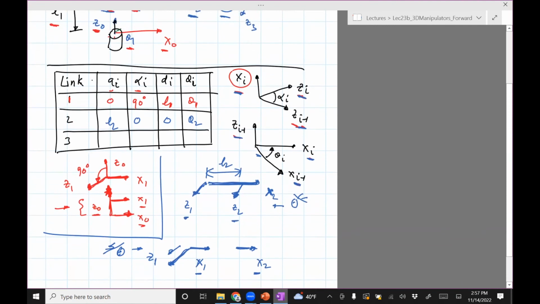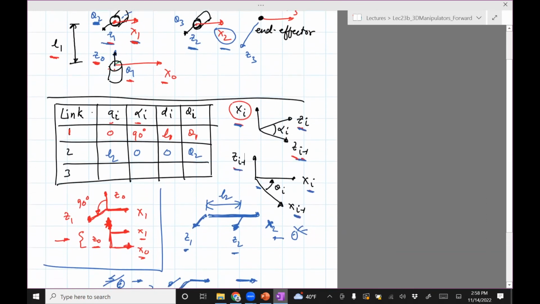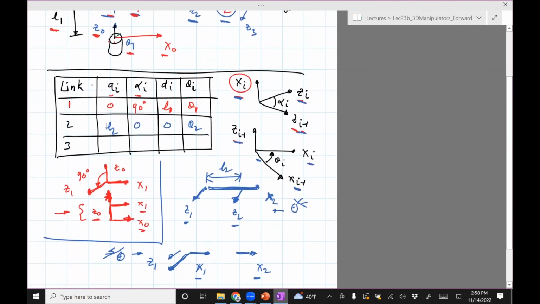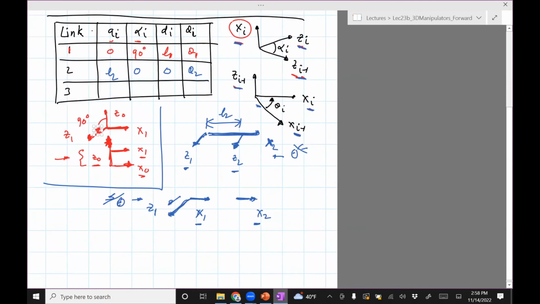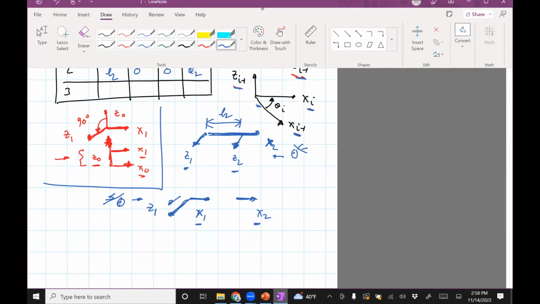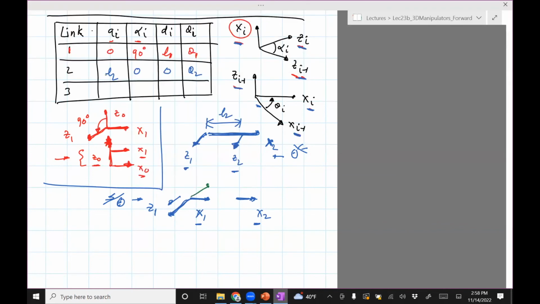Minus what? Theta 2. See. So for that we need the angle between X1 and X2. X1 is this way, X2 is there. When it rotates, let's try in rotated configurations with a different color.